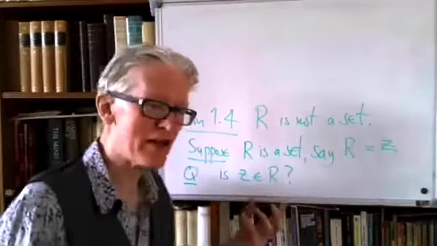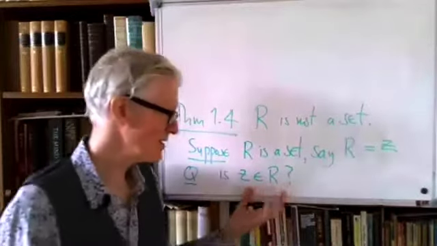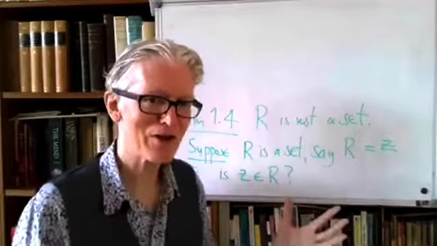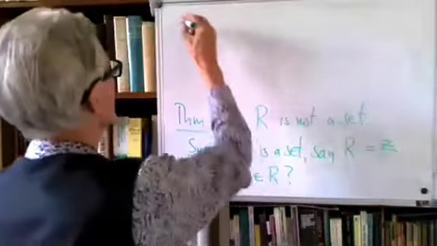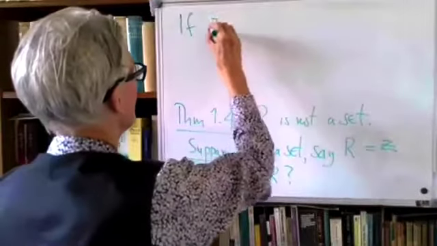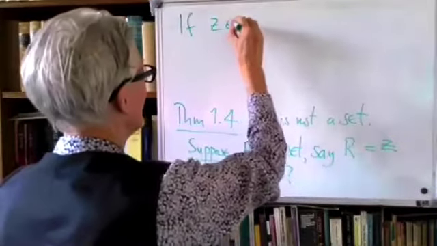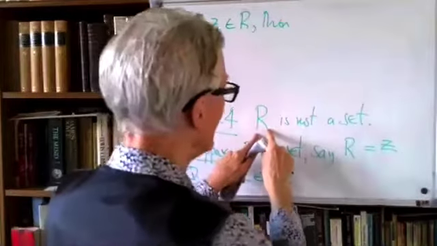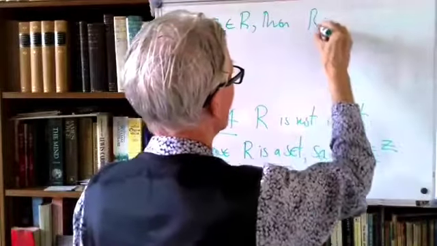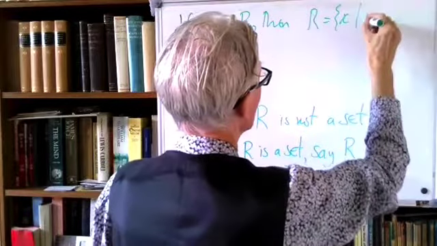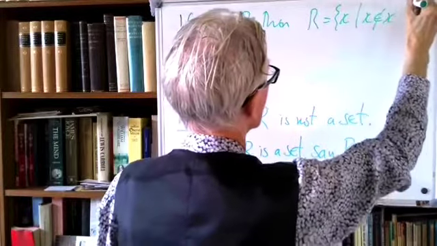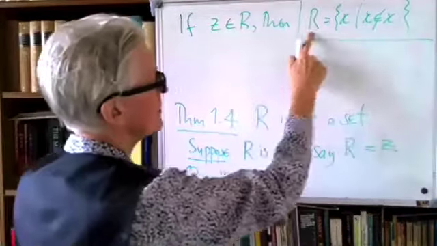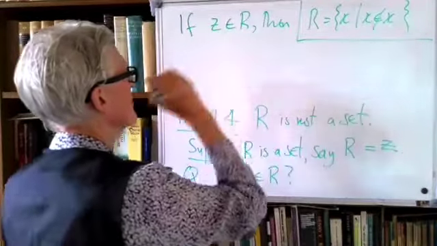There are only two cases. We work in classical logic here, binary logic, yes or no. Case one: if Z is a member of R, what is R? It's a collection of things that are not members of themselves. So if it's in R, it's not a member of itself.